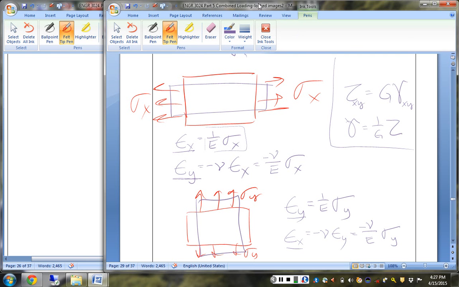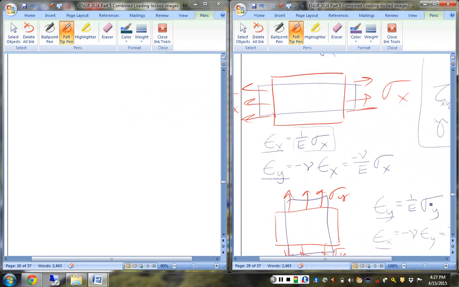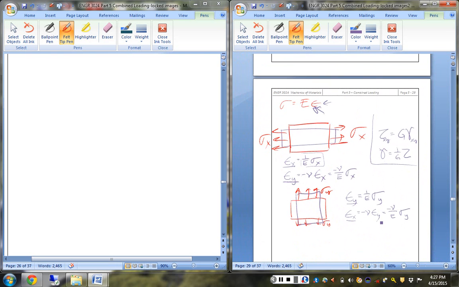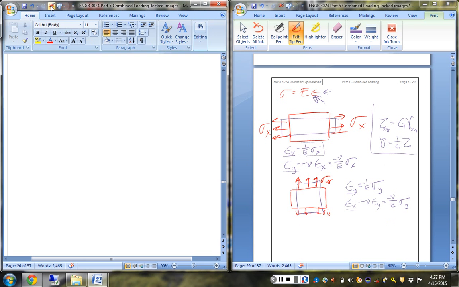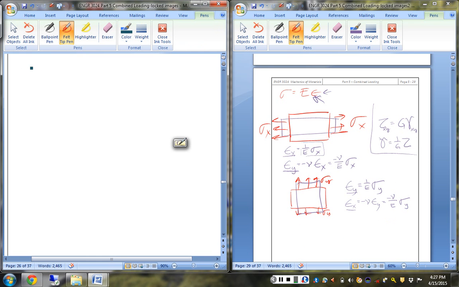All right. Now I'm going to rewrite these. I'm going to scoot him over a little bit and make him a little bit smaller. I'm going to rewrite these equations in a slightly different form. My strain in X is equal to one over the modulus times the stress in X, but also, what else?